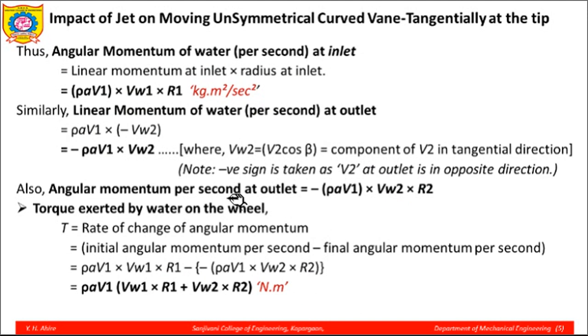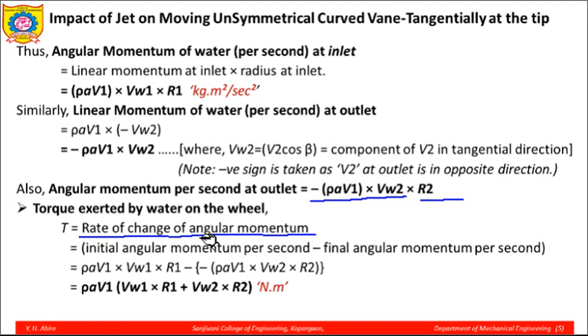So the angular momentum per second at the outlet is equal to linear momentum at the outlet multiplied by radius at the outlet, r2. Thus we write the torque exerted by water on the wheel, as a very basic formula, as nothing but the rate of change of angular momentum of the water as it passes through the wheel and not outside the wheel.